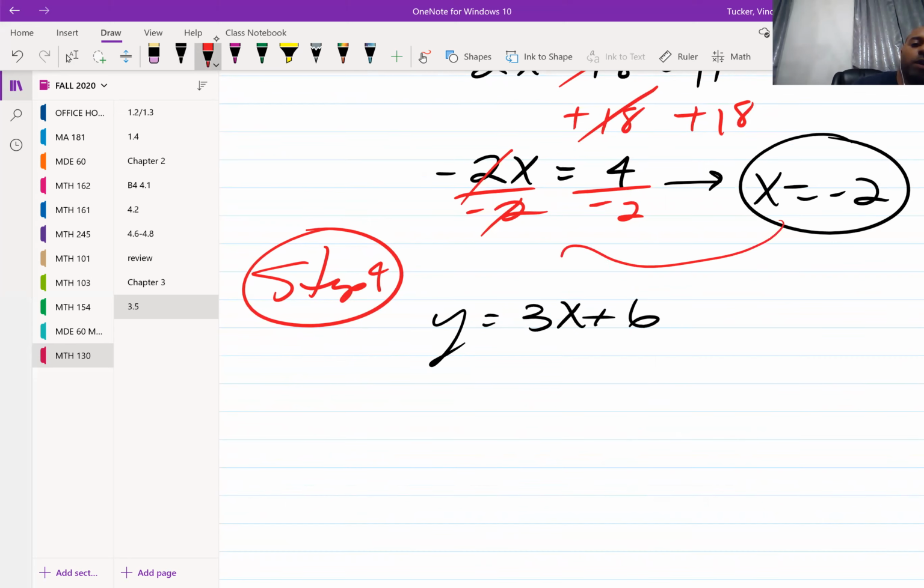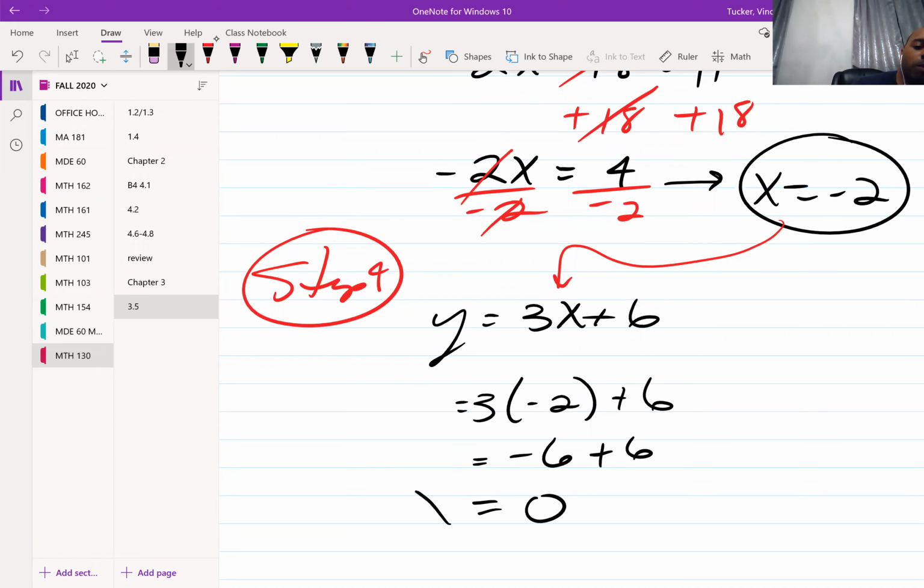So we're going to take this value and plug it in right here. So 3 times negative 2 is negative 6. Plus 6 is 0. And that should be x plus y.